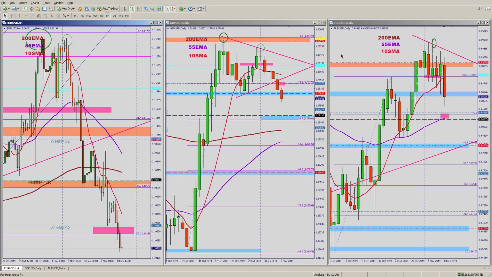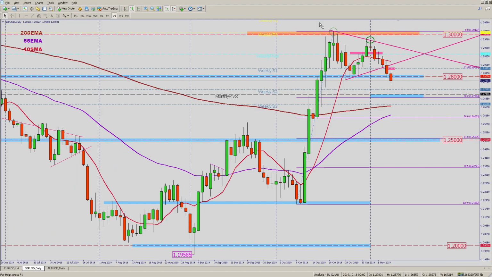Alright, let's move on to the cable. Sterling pound against US dollar, and this has also fallen lower below the 128 support zone after falling out of the symmetrical triangle on Thursday.